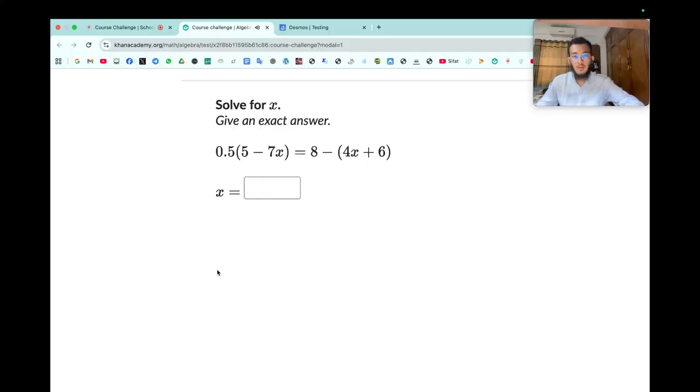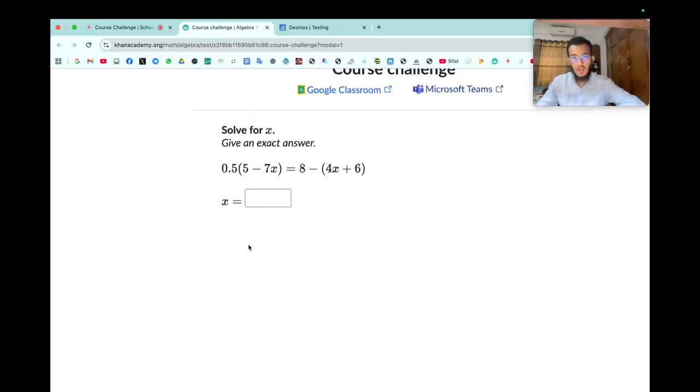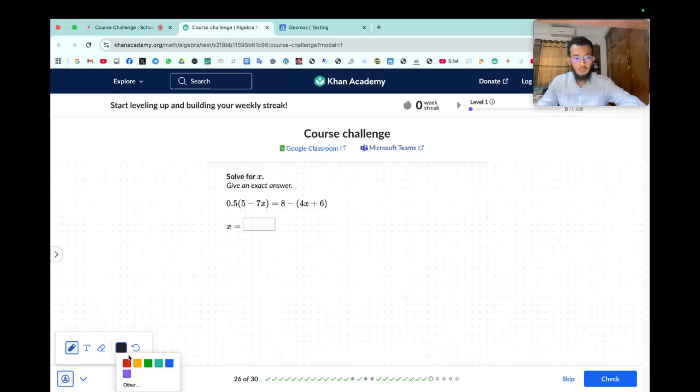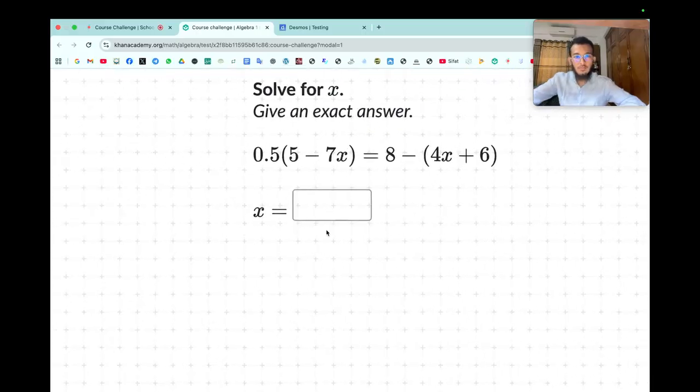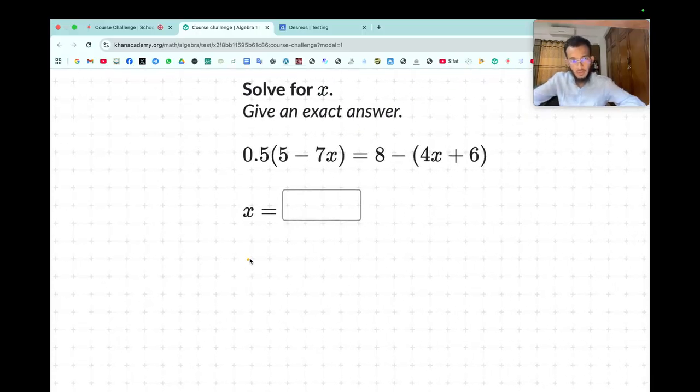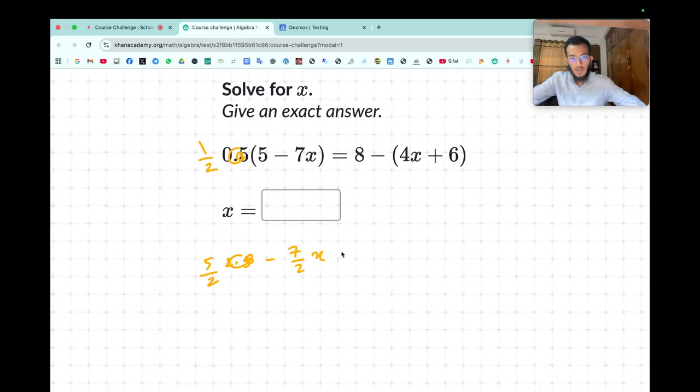Okay, solve for x, give an exact answer. So we have to solve for x. We do so by multiplying 0.5 with 5, so it is 2.5 minus 7/2 x. 2.5 can be written as 5/2 basically, because you can replace this as half. So 5/2 minus 7/2 x equals 8 minus 4x minus 6.